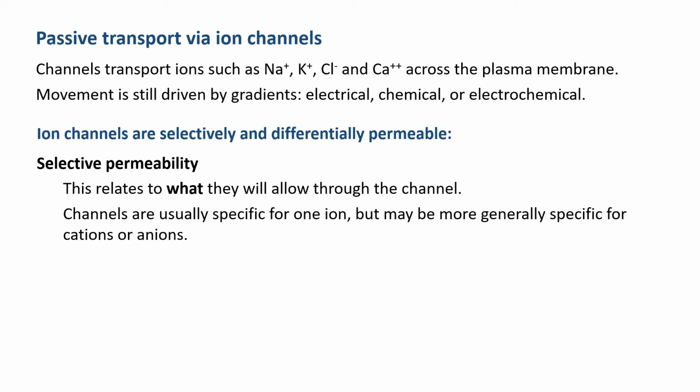And it's about the specificity of channels for one ion. So they may be slightly more generally specific. You might have channels that are specific for any cation or any anion. But generally they have some specificity. And this is about their selective permeability. They determine what they're going to allow through.